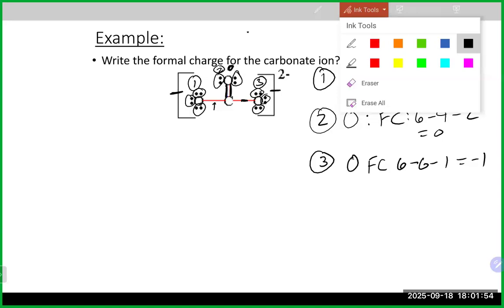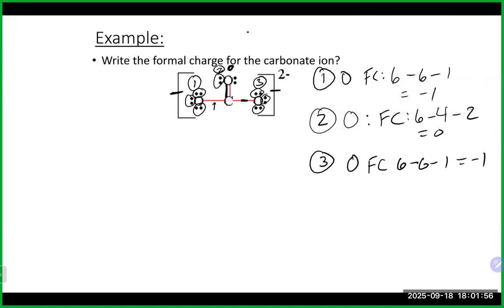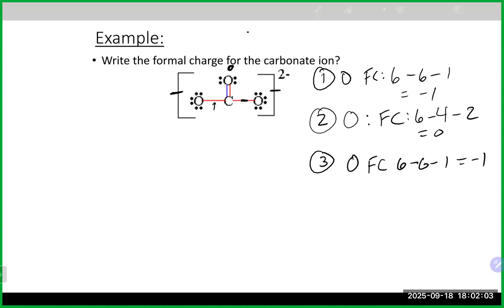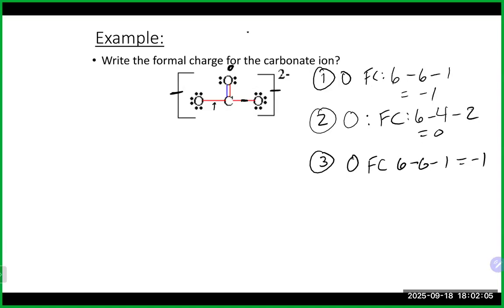Now, if we take a look at our carbon in this case, it is 4 valence electrons minus 0 non-bonding electrons. And there are really 4 bonds, 1, 2, 3, and 4 bonds, which gives us a 0 in this case. So when we say carbonate is -2, it's hanging out on those oxygens.